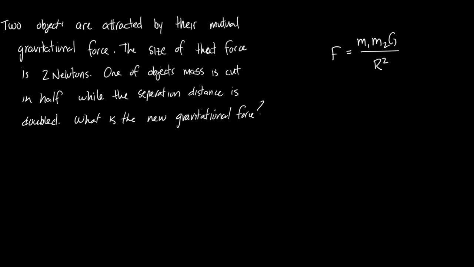And that our first instance of this is that it equals 2. And they tell us that we're going to have half the mass of one of the objects, but we're going to double the separation distance.